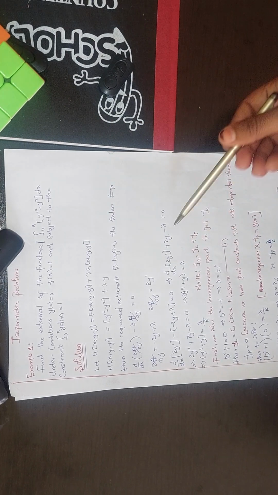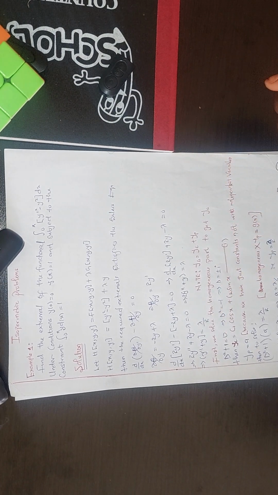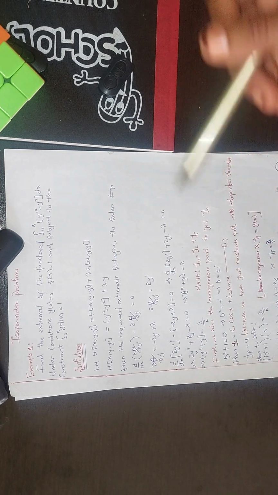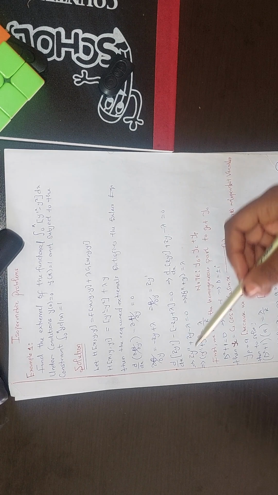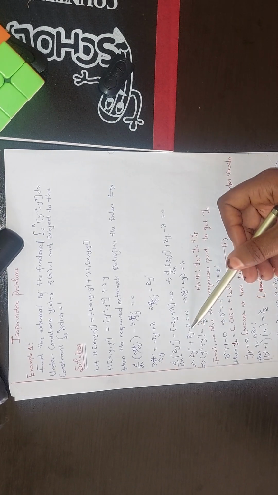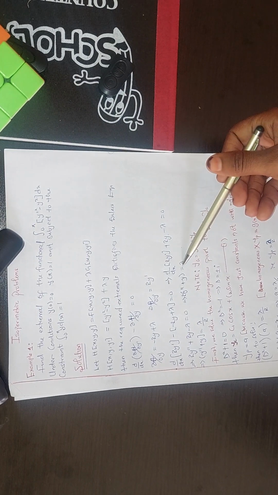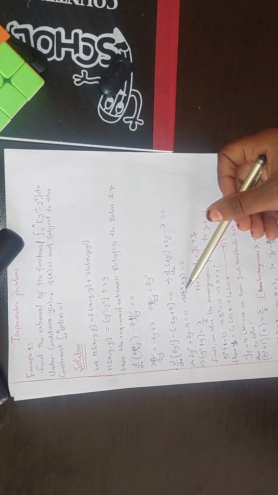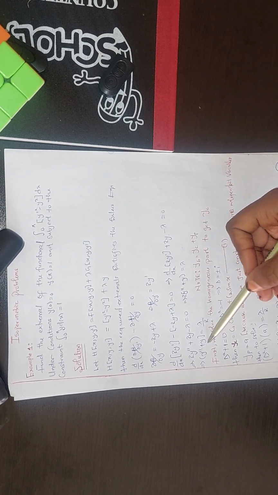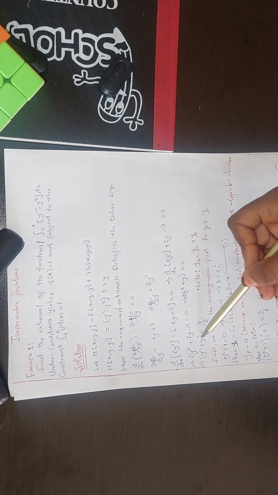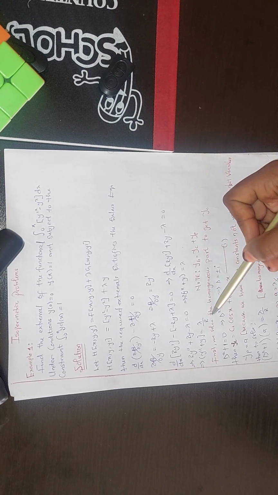Then don't forget, I told you that we're always looking for our y. So we'll try to reduce y prime and get our y, excuse me. So here I have 2y prime plus 2y minus lambda equals 0. I can just take lambda to the other side, and divide both sides by 2. I have y prime plus y equals lambda over 2.